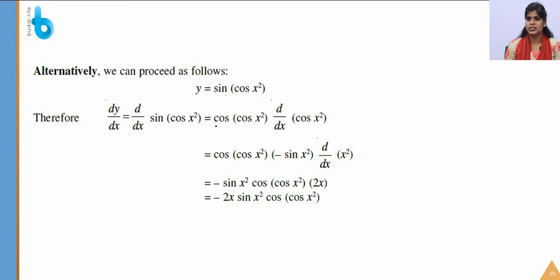So for sine it is cos, and cos x square stays as it is. Then we have to differentiate cos x square, which gives minus sine x square. Again we have to differentiate this x square, and the derivative of x square is 2x. Hence on arranging the terms we will get the derivative. Actually this is the easier method guys, so you can always go for this method. If you want, we will do one more problem using this method.